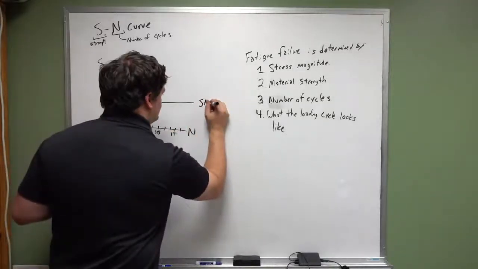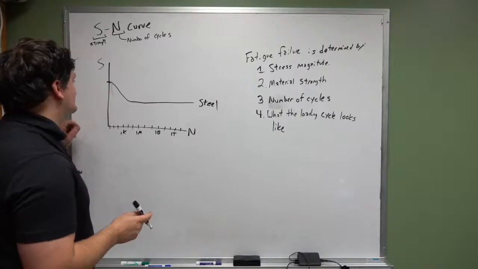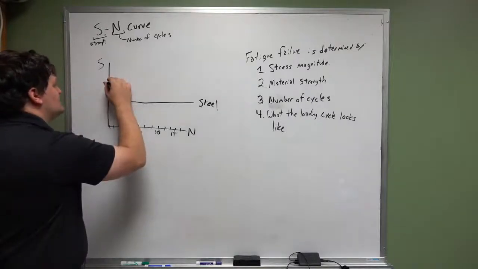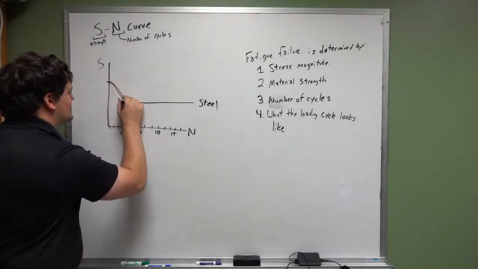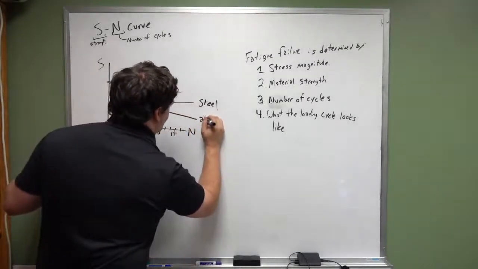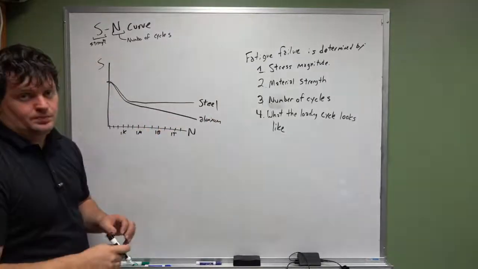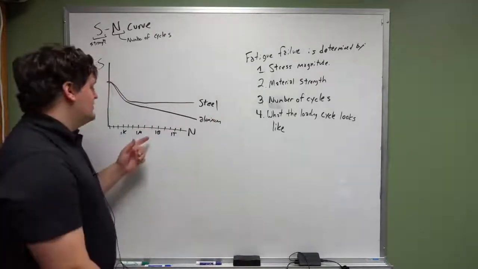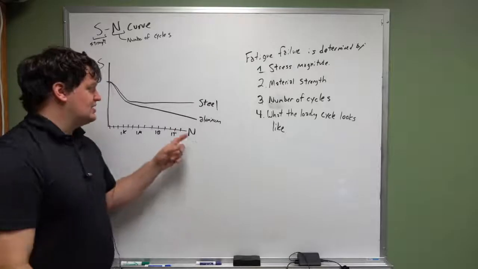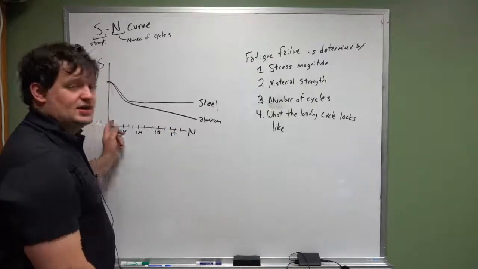This is steel. For aluminum, if you can find an aluminum that has the same Sy value, aluminum does this. Aluminum never reaches a plateau. In fact, the higher the loading cycles that aluminum experiences, the lower the stress value it can handle.